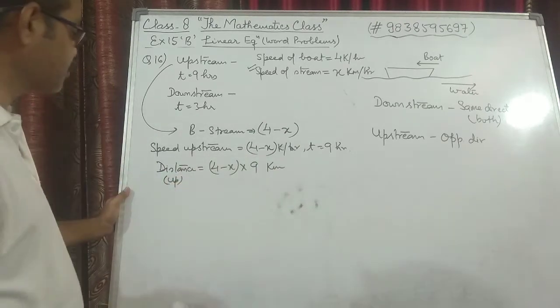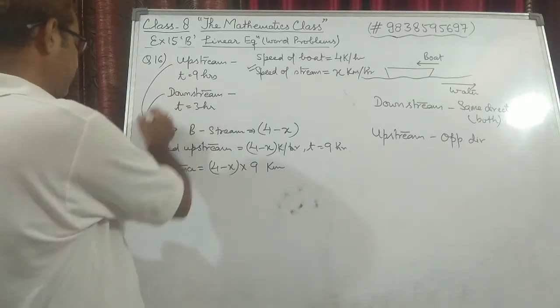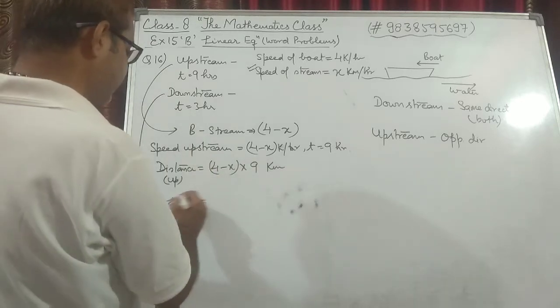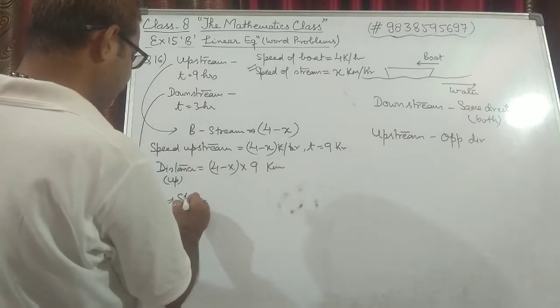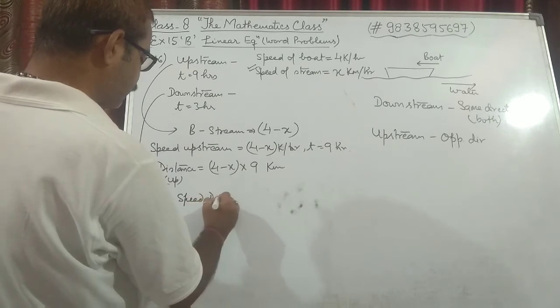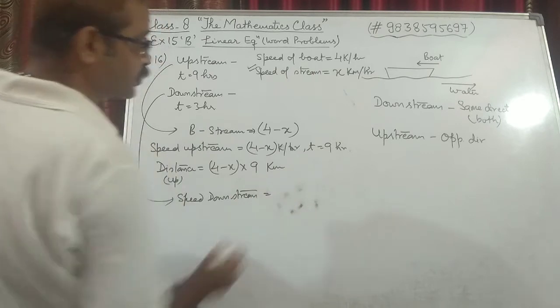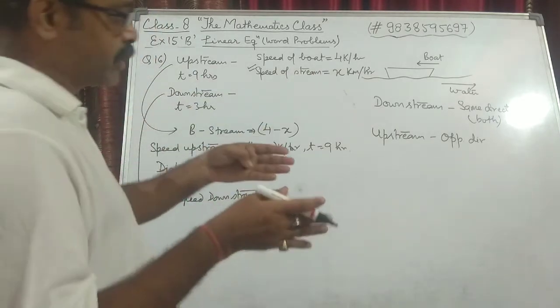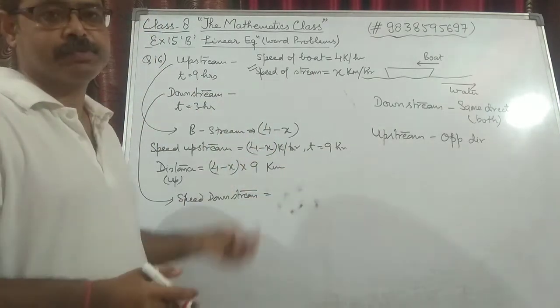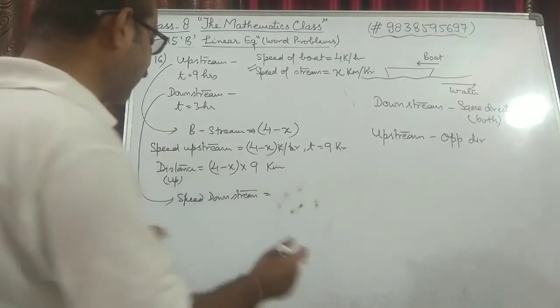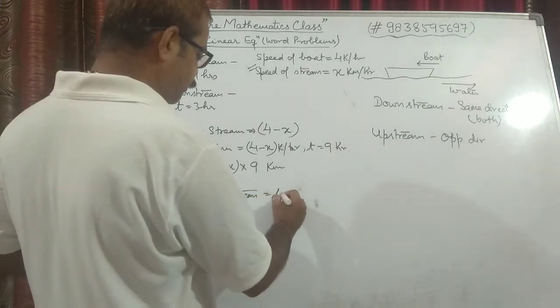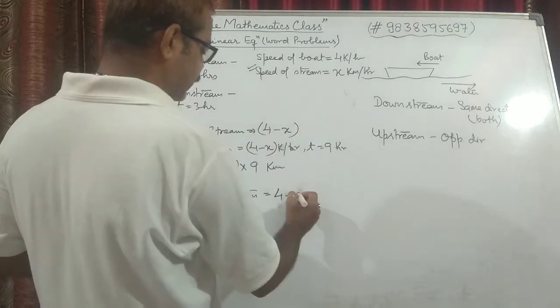Same is the distance downstream also. So what will be the speed of the boat downstream? In downstream, both of them are moving in the same direction. So the speed of the boat and the speed of the stream will be added. The speed of the boat is 4 and the speed of the stream we have taken x.